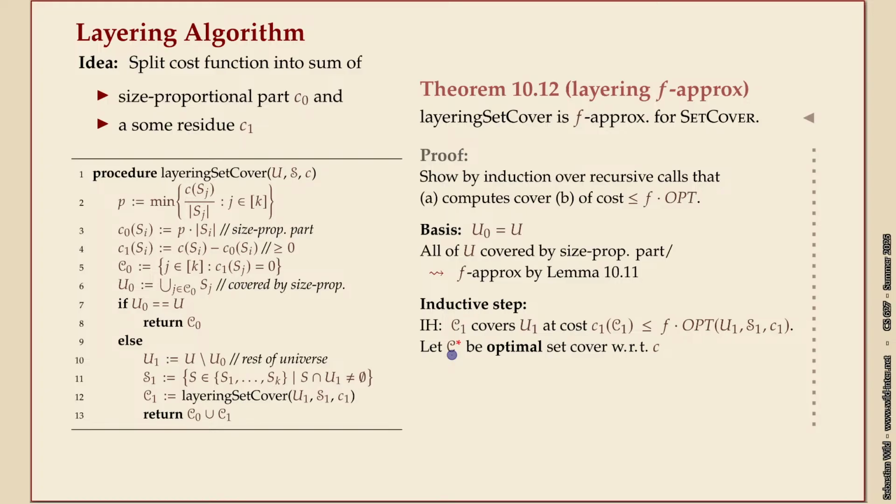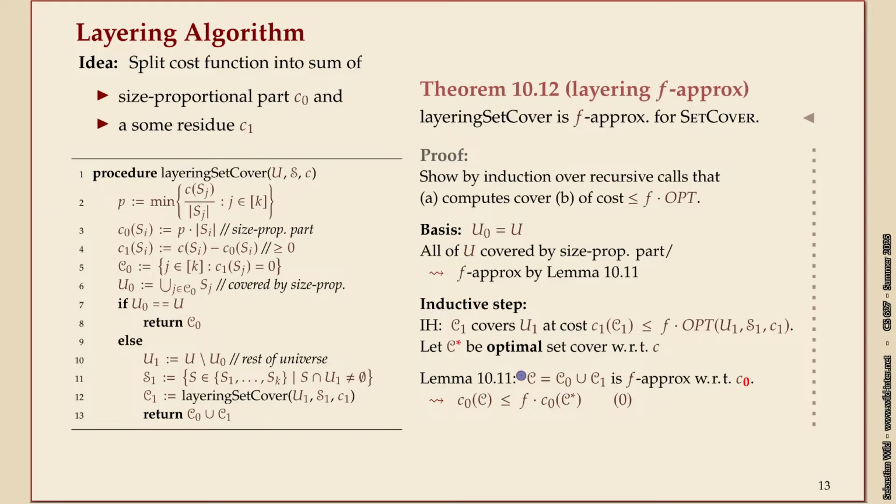Let's suppose we have some optimal set cover with respect to the original problem. So this is our actual target for opt that we fight against. So maybe just to make it clear, this is opt. So observe that all the elements that we pick in C0, they have this cost C1 equal to 0. And what we leave here, we can force to apply the lemma by making everything size proportional by just looking at Z0, the size proportional part of the cost.